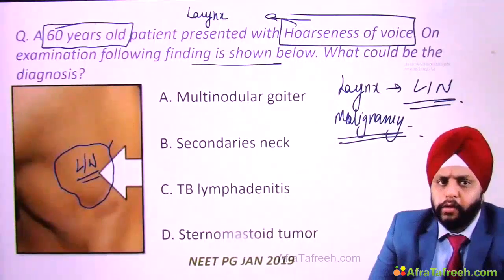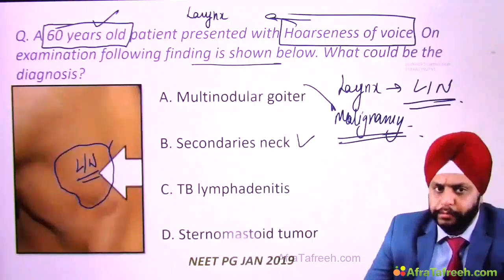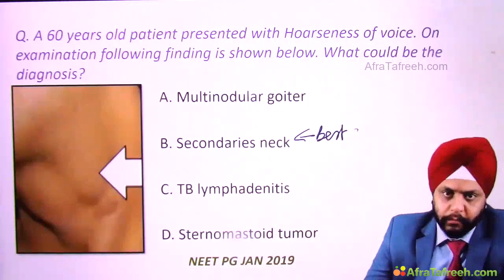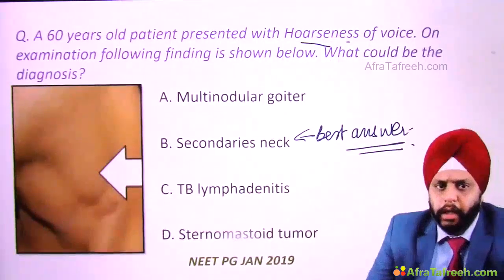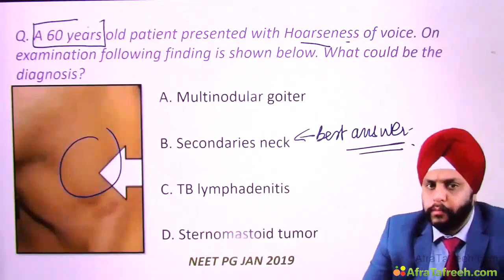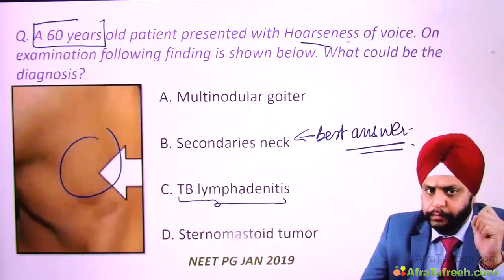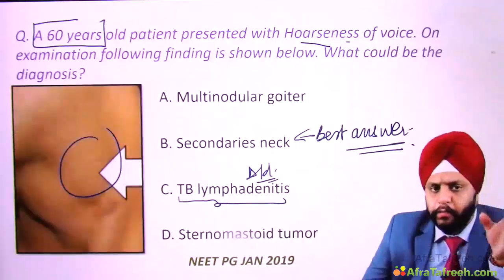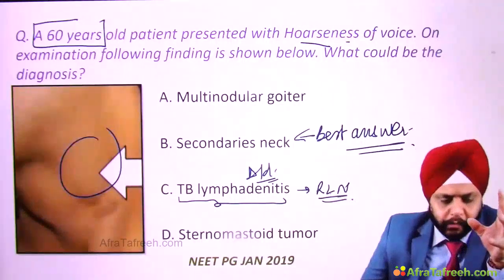60-year-old male patient, history also points towards chances of malignancy. So the answer can be secondaries neck. Right, now this is our first DD and this is the best answer. It is by three things: hoarseness, there is a neck lymph node on examination, and number 3, 60 years. Right, another possible answer can be TB lymphadenitis. This is also a possible DD. Why? Because we can assume that the lymph node has involved the recurrent nerve and has caused the palsy.